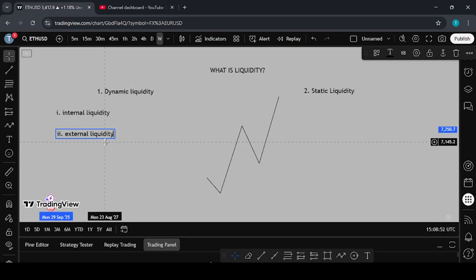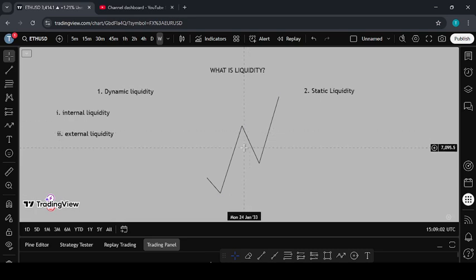So first we have dynamic. Now, under dynamic liquidity, we have internal range and external range liquidity, which is what I've just put out here. Under this dynamic liquidity, which is liquidity that is created and swept as the market moves, we have internal and external. So on this theory, it means the market cannot move without taking out liquidity.